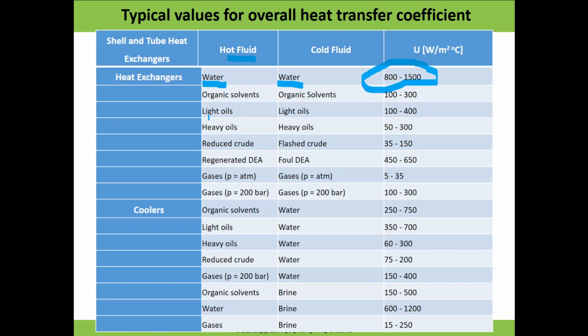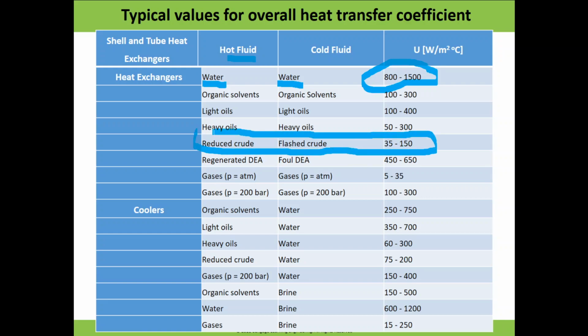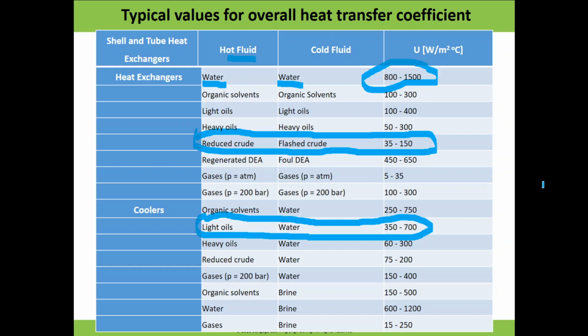Similarly, for other combinations, like reduced crude oil and flashed crude oil, the overall heat transfer coefficient is in this range. Similarly, if you have light oil and water. So these are the recommended ranges. These are not actual measurements, but the possible values for different designs or for different shapes. So it lies in this range.